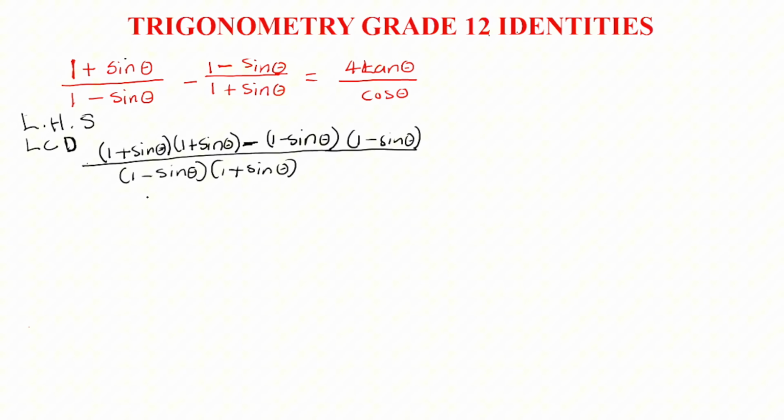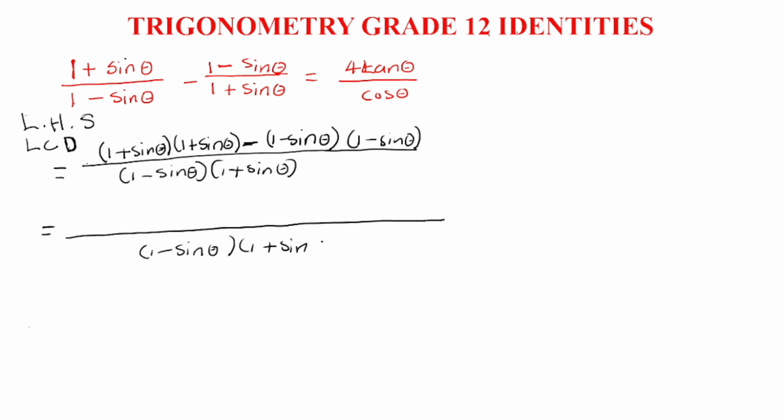Let me just make my line go all the way. With that now, what we can do is remove the bracket, the binomial. I'm not going to show all the steps here, guys, because you are in grade 12. You should be able to deal with this binomial, removing the bracket. So now let me just put the LCD.